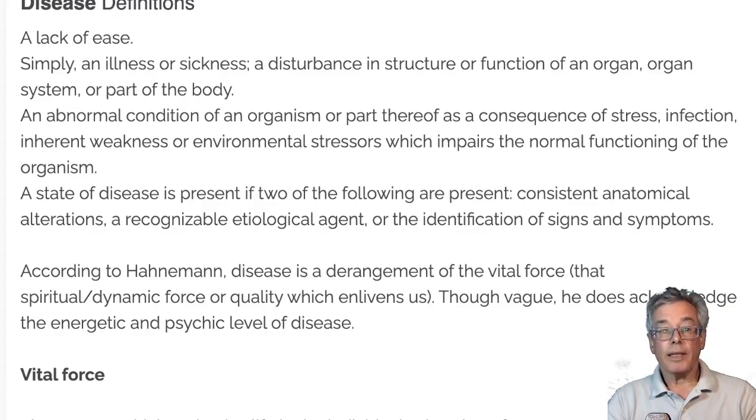It is also a state of disease. A state of disease is present if two of the following are present: consistent anatomical alterations, a recognizable etiological agent, which could be an infectious agent, or the identification of signs and symptoms.